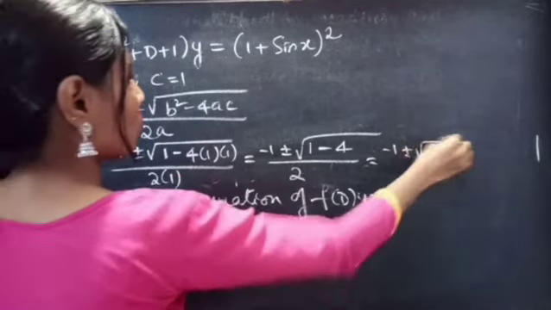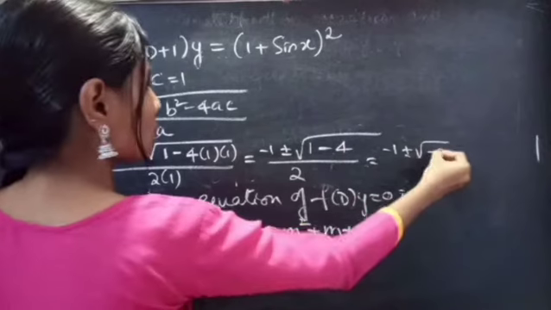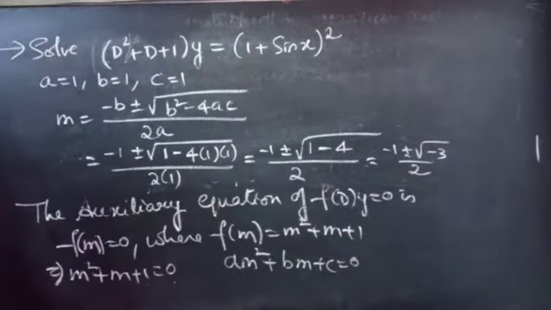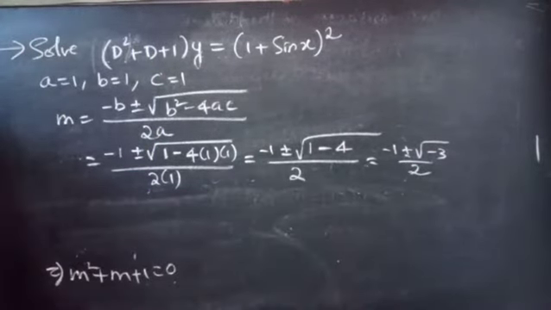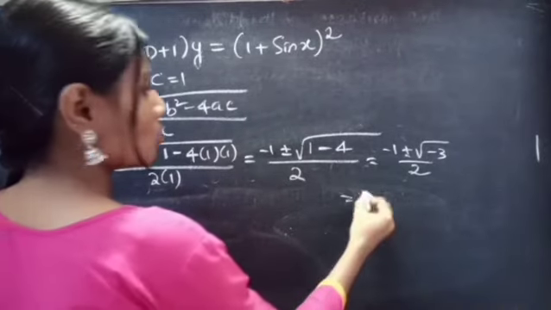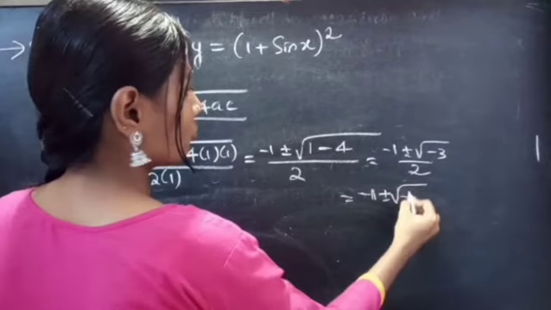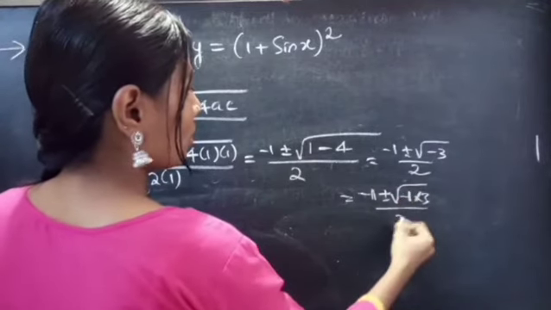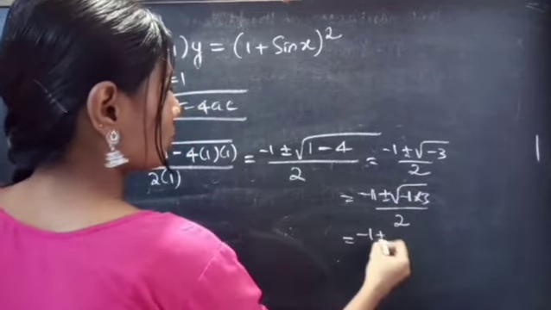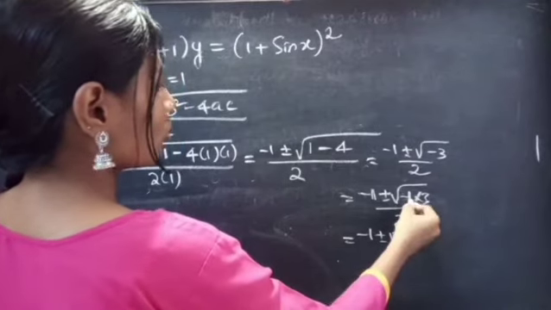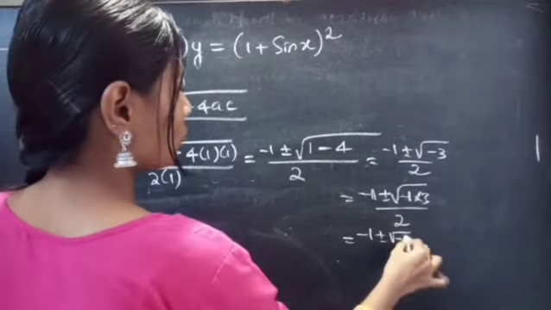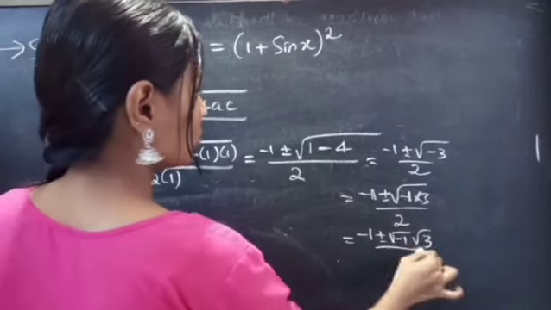Which equals (−1 ± √(−3))/2, which equals −1 ± √(−1 × 3) over 2. Splitting, √(−1 × 3) is √(−1) × √3, all over 2.